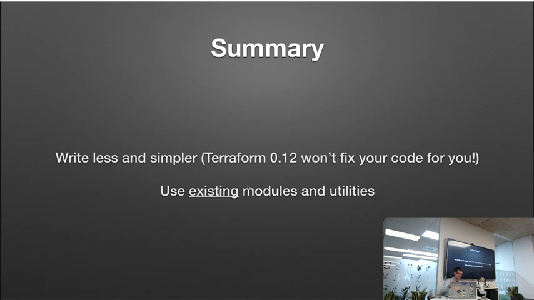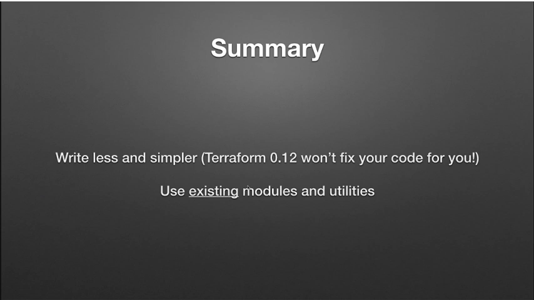As a first part of the summary, I really encourage you to write less and simple. Write more files, but make them as granular as possible. Split this in a way which fits your company, your project, your needs inside your organization. Don't try to make one big thing and somehow figure that Terraform 0.12 has all of these for loops, all of these conditions, so I will make my own stuff now and Terraform 0.12 will fix it.